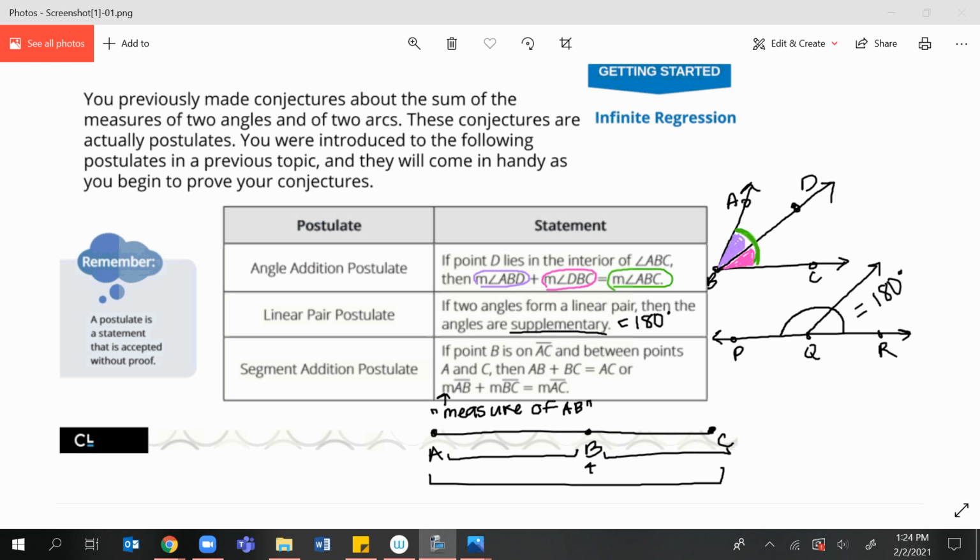Let's start off by reviewing our different postulates. We talked about the angle addition postulate, linear pair postulate, and the segment addition postulate.